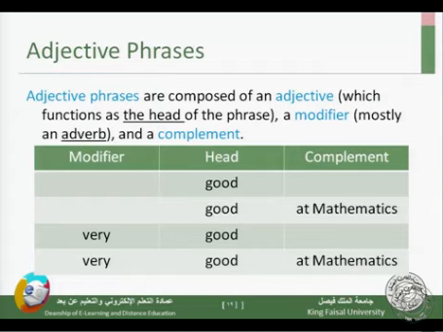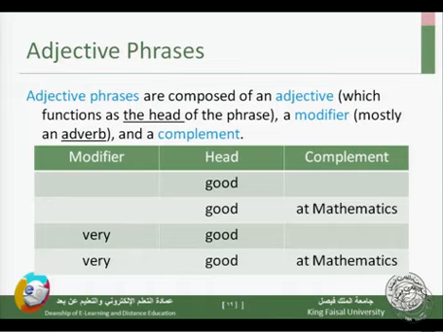Instead of having two classifications, we just say adjective phrases to include adjectives and adjective phrases that contain more than one word. Okay, so good, we can call it an adjective phrase to make things a bit simpler when we describe grammatical constituents and elements.